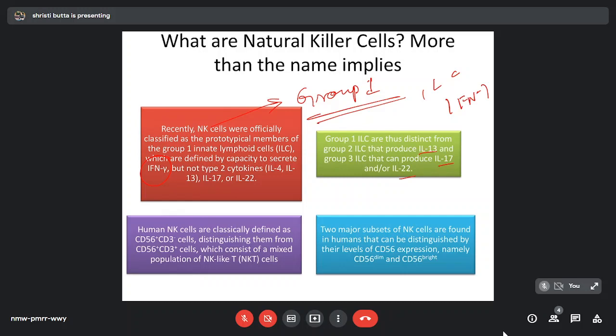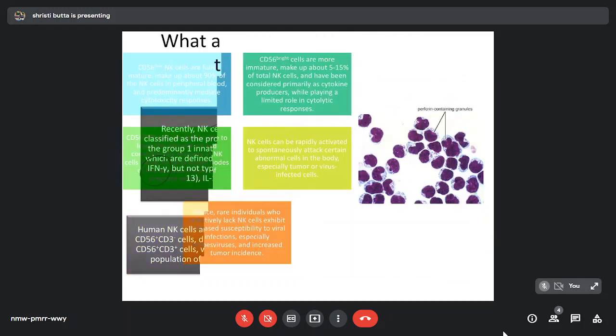Human NK cells are classically defined as CD56 positive but CD3 negative. This is important because it helps in distinguishing them from NK-like T cells, which are CD56 positive as well as CD3 positive. Two major subsets exist: the CD56 dim and the CD56 bright types. CD56 dim NK cells are fully mature.